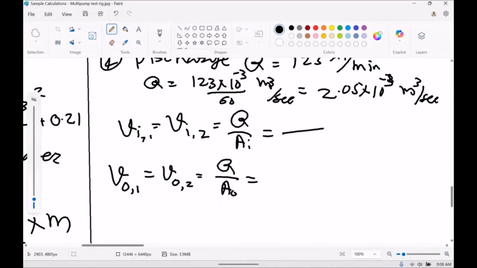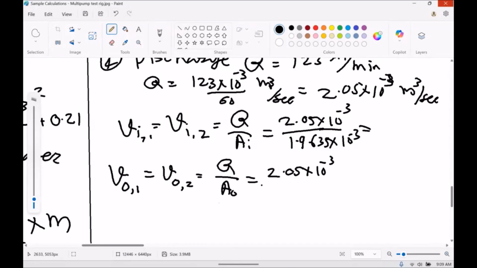So Q is equal to 2.05 into 10 to the power minus 3, and area at inlet is 1.9635 into 10 to the power minus 3. Here I will get 2.05 into 10 to the power minus 3 divided by area, 0.8043 into 10 to the power minus 3.